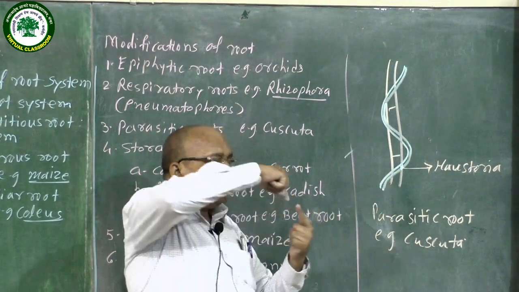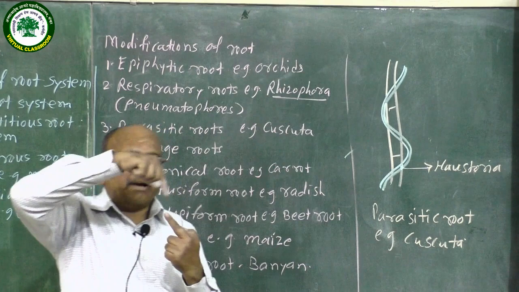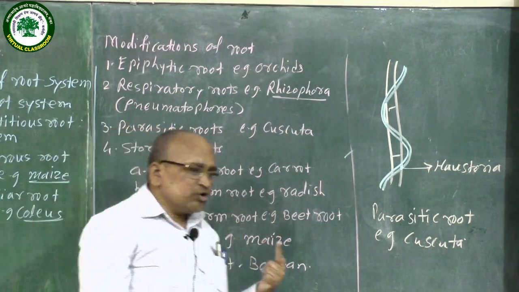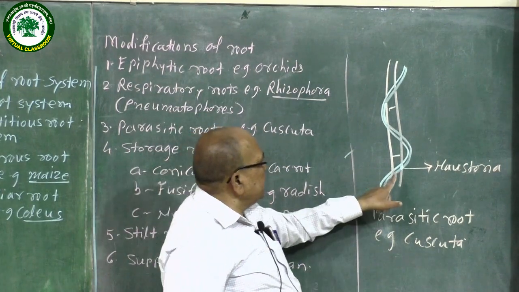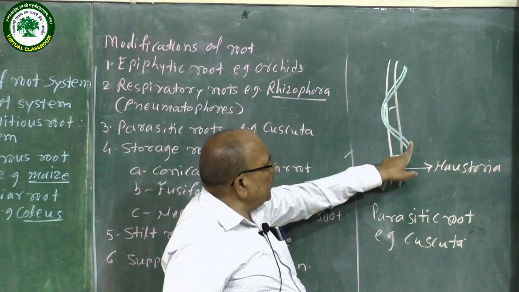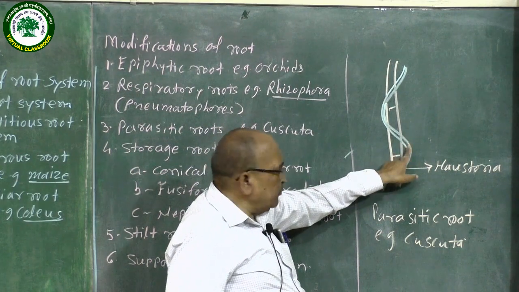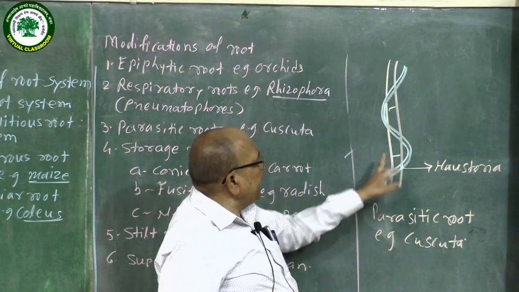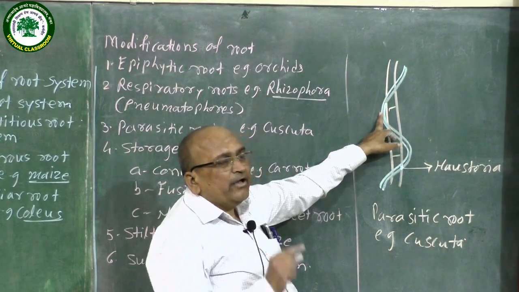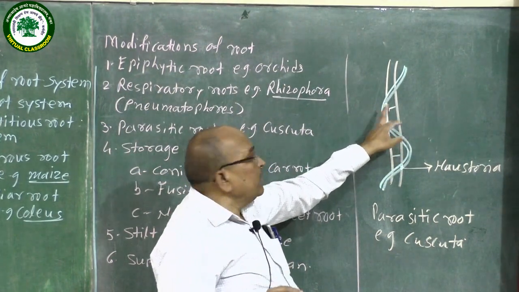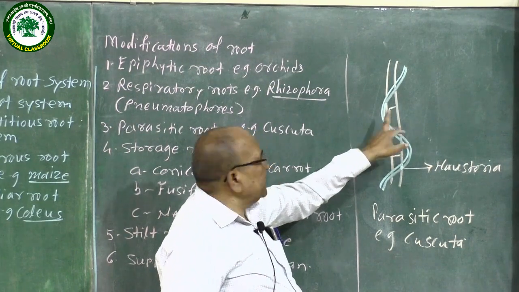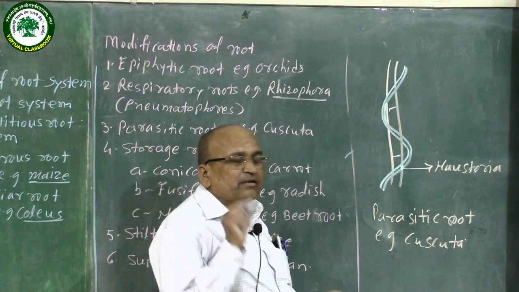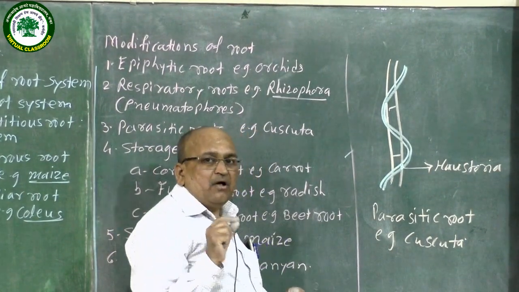It twines around the branches of the host body. There is no chlorophyll pigment in this plant body, as well as no type of root system. It also lacks a leaf system, or if there are leaves, they are reduced.